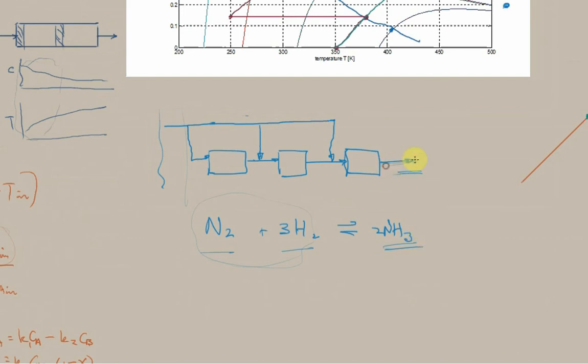It's not an expensive step to do that separation. So we can get a very high concentration of product through an extra separation step, and that won't be an expensive step. So this is the kind of technology, or this is a suitable reaction set for this type of arrangement.